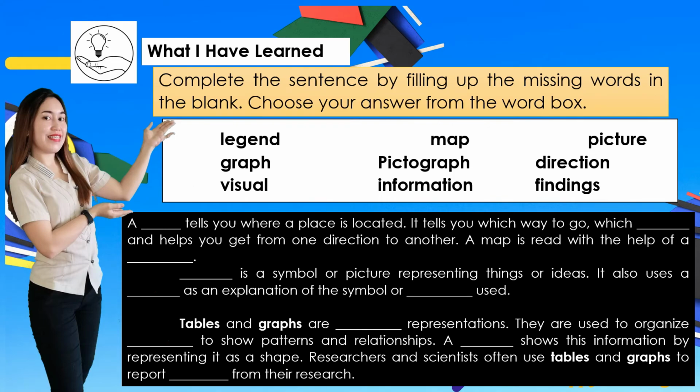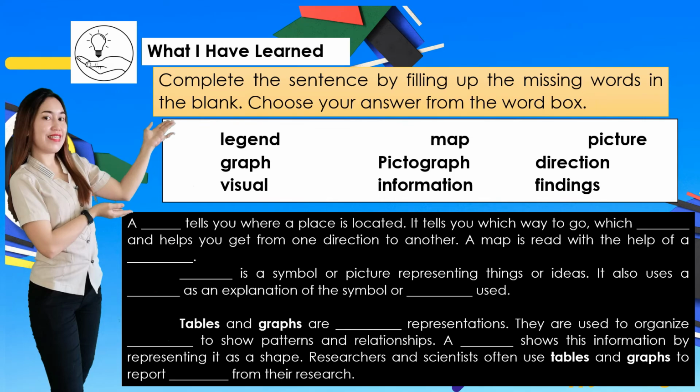It tells you which way to go, which blank, and helps you get from one direction to another. A map is read with the help of a blank. Blank is a symbol or picture representing things or ideas. It also uses a blank as an explanation of the symbol or blank used.